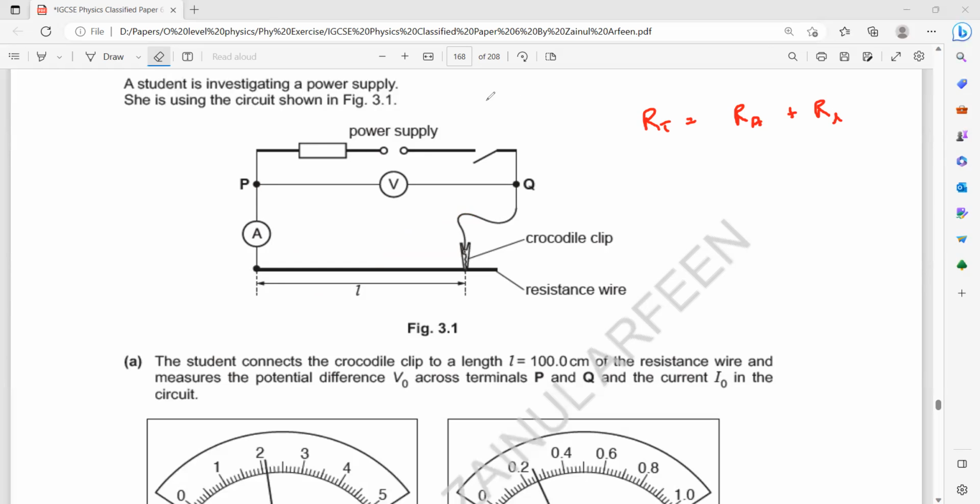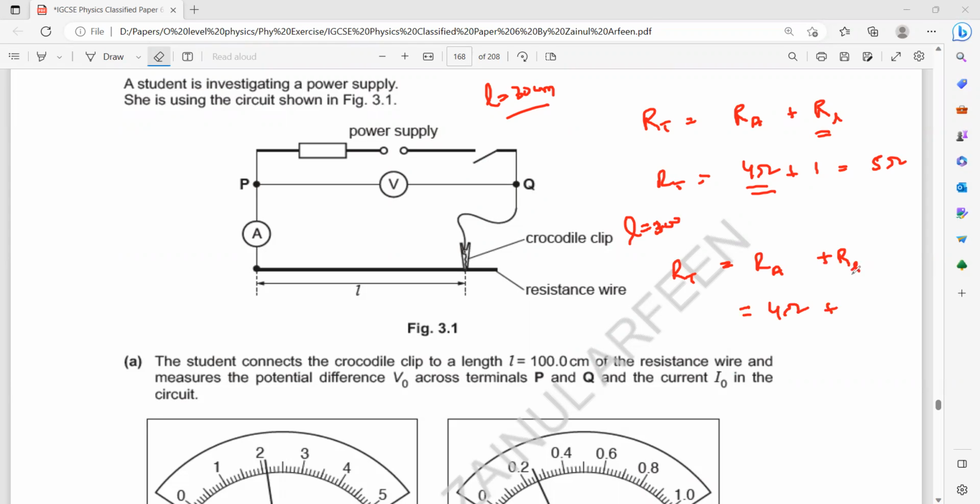When we are using a 30 centimeter length, say the ammeter resistance is 4 and the resistance of the wire is 1. So what is the total resistance of the circuit? 5. But most of the resistance in the circuit is due to the ammeter. But when we are using a wire length of 100 centimeter, it is also the resistance of the ammeter plus the resistance of the wire. The ammeter resistance is 4, but the resistance of the wire will be higher, maybe 8.